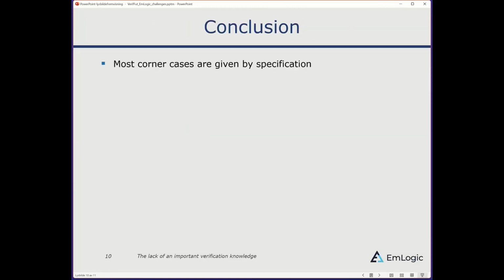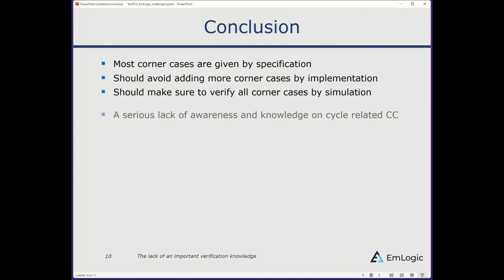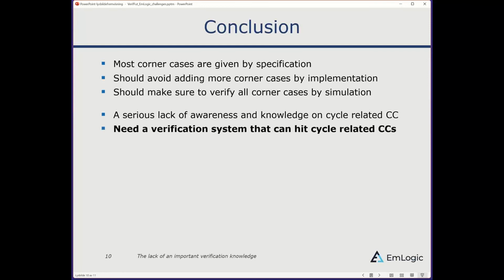So, conclusion: most corner cases are given by specification, and we should avoid adding more corner cases by implementation. We should make sure to verify all corner cases by simulation, because that's basically the only way you can control this and detect these problems. But there is a serious lack of awareness and knowledge on cycle-related corner cases. We need a verification system that can hit cycle-related corner cases.